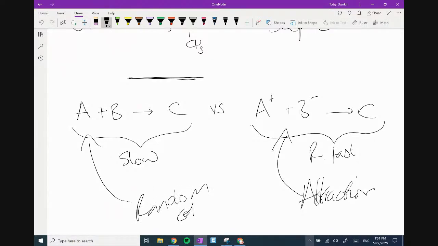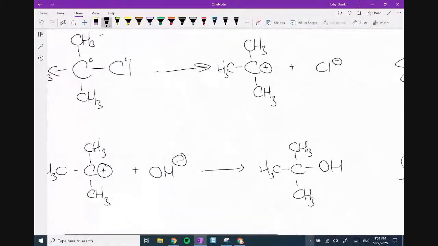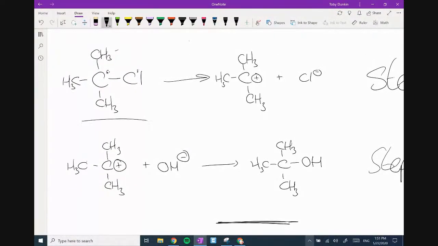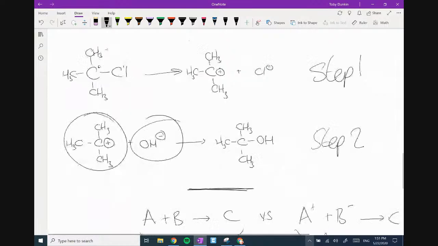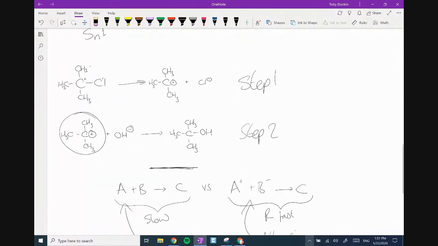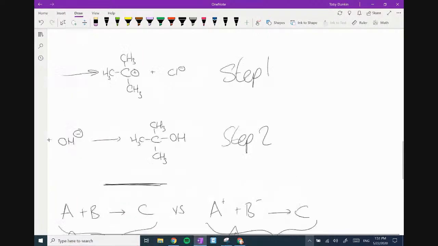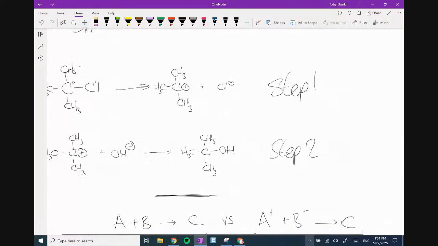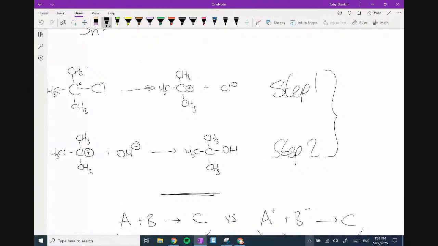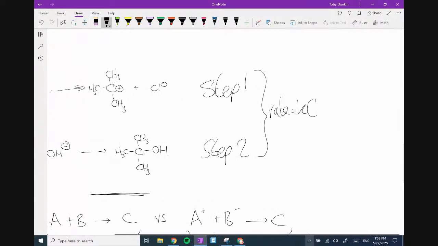So in step 1, you realize the reactant is uncharged. That's got to fall apart. But in the second step, we've got fully charged ions. This second step is going to be quick. So the rate equation for this 2-step process is rate equals k, the tertiary haloalkane.